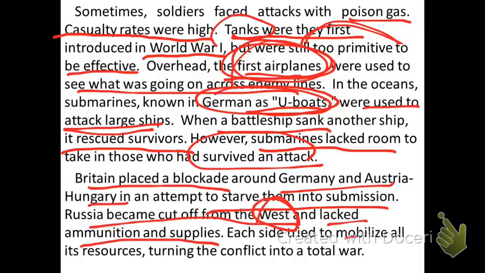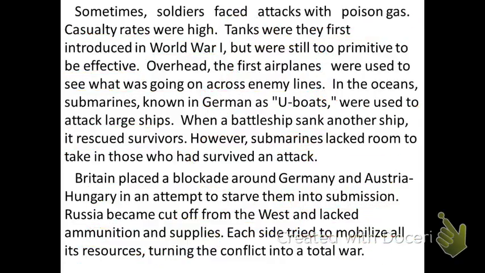Each side tried to mobilize all of its resources, turning the conflict into a total war, turning their entire economies toward victory. And they did that through any number of means. They did it with certain weapons like poison gas, airplanes, U-boats, and tanks.